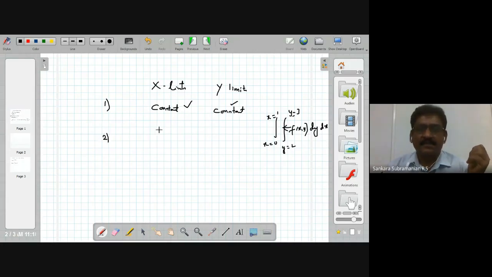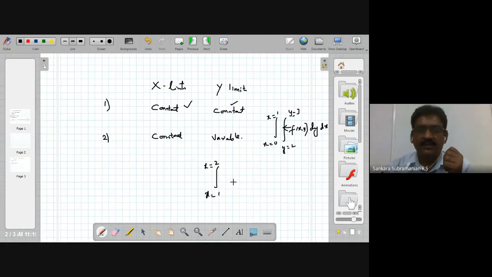In the second type, x can have the constant limit and y can have the variable limit. So for example, x equal to 1 to x equal to 2.